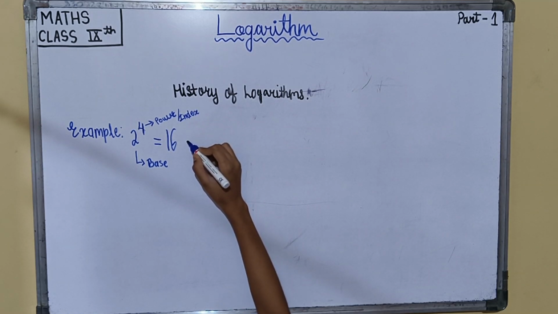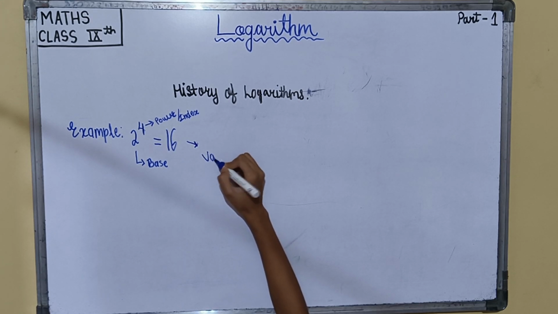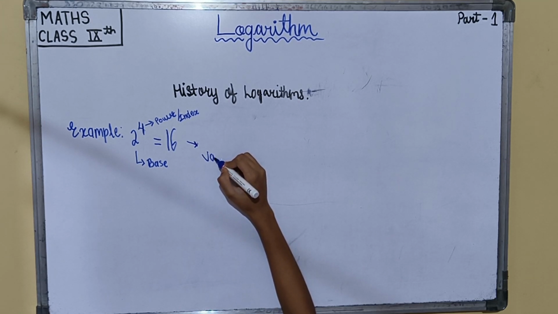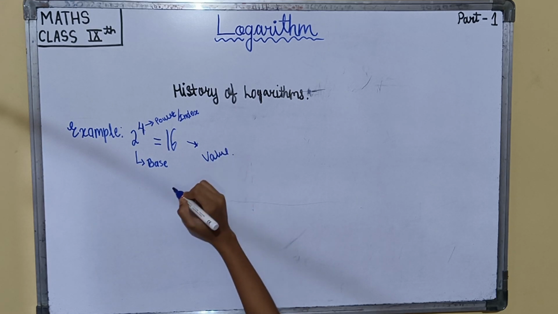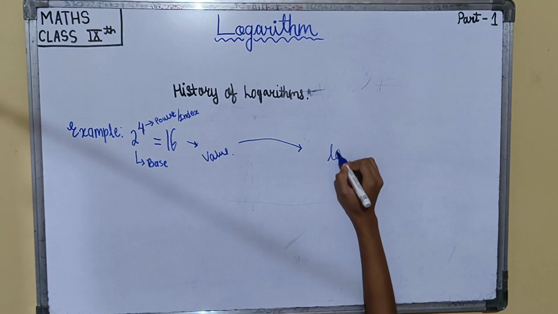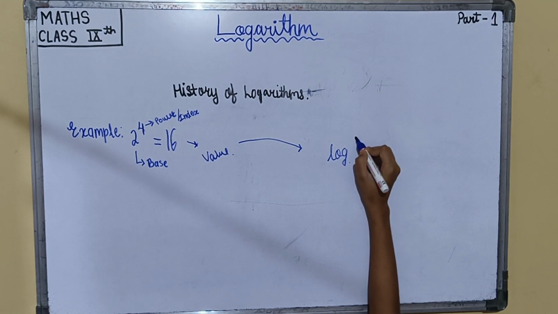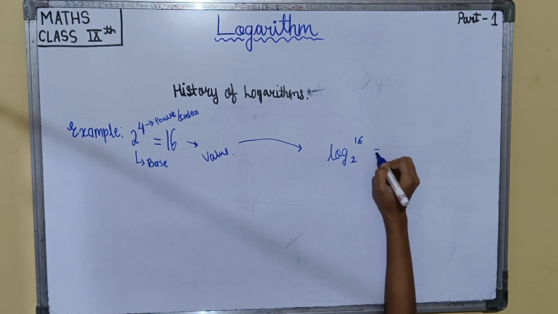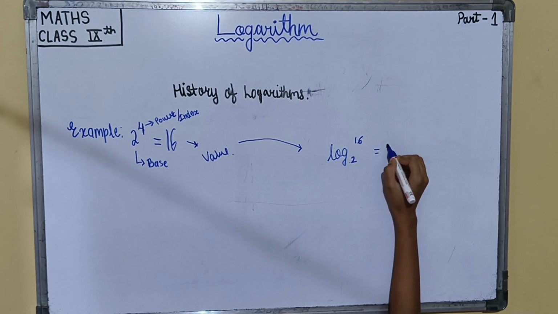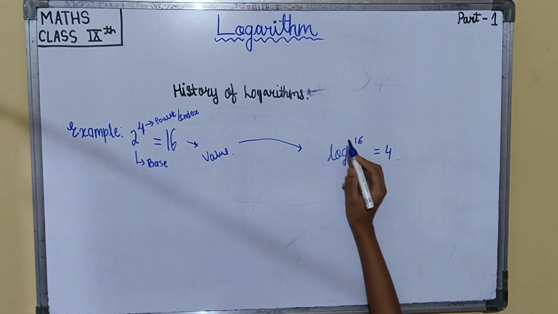And this 16 is the value of this power and index of the base. In logarithm, we can write this as log of 16 at the base 2 is equal to 4. Like this we can write this.